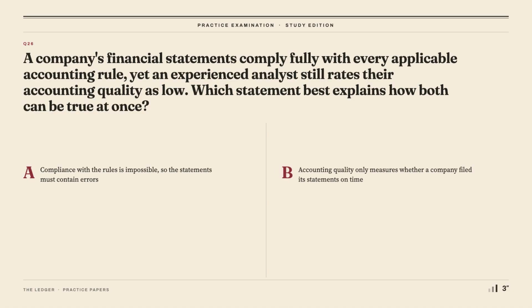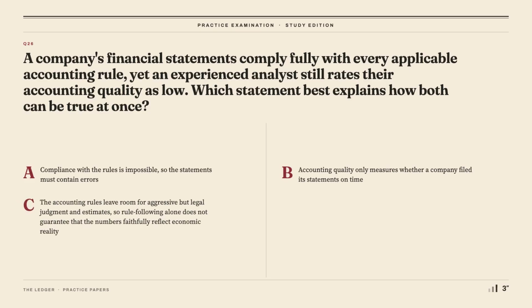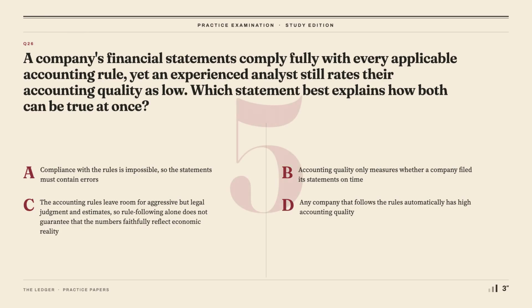B. Accounting quality only measures whether a company filed its statements on time. C. The accounting rules leave room for aggressive but legal judgment and estimates, so rule following alone does not guarantee that the numbers faithfully reflect economic reality. D. Any company that follows the rules automatically has high accounting quality. Take a second. Which answer would you pick?